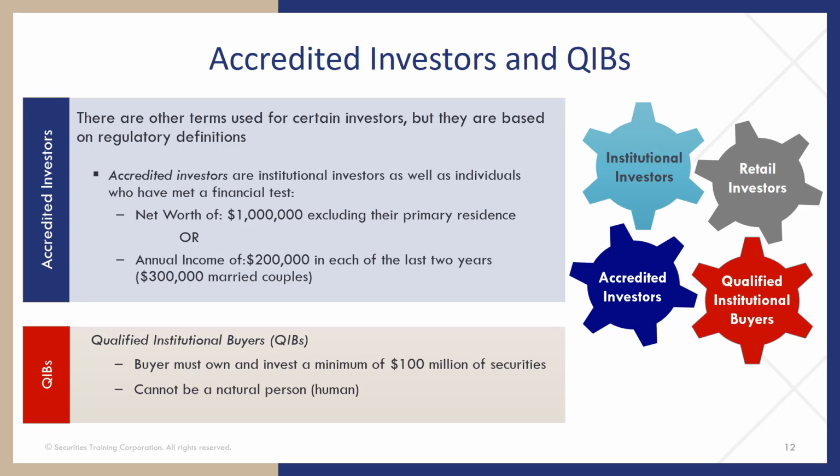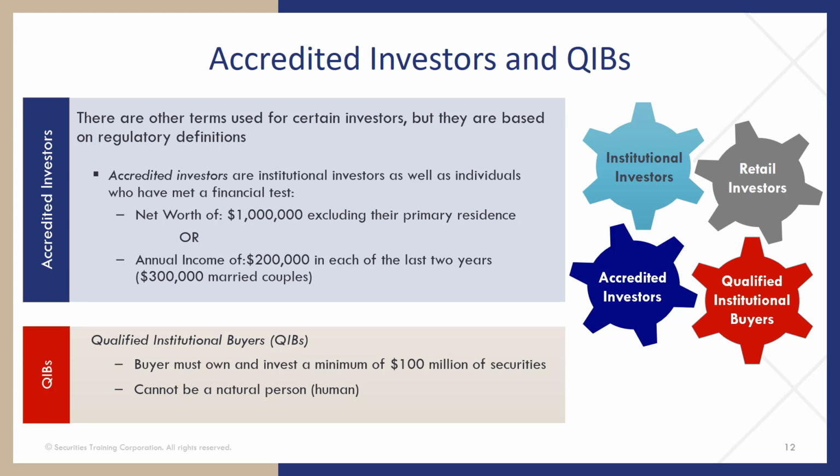Simply, the natural person term is an individual human. So it can't be an individual. So even though Jeff Bezos might invest more than $100 million, he could not be a QIB because he's an individual. But a pension fund could, an insurance company could. They might have well in excess of $100 million.